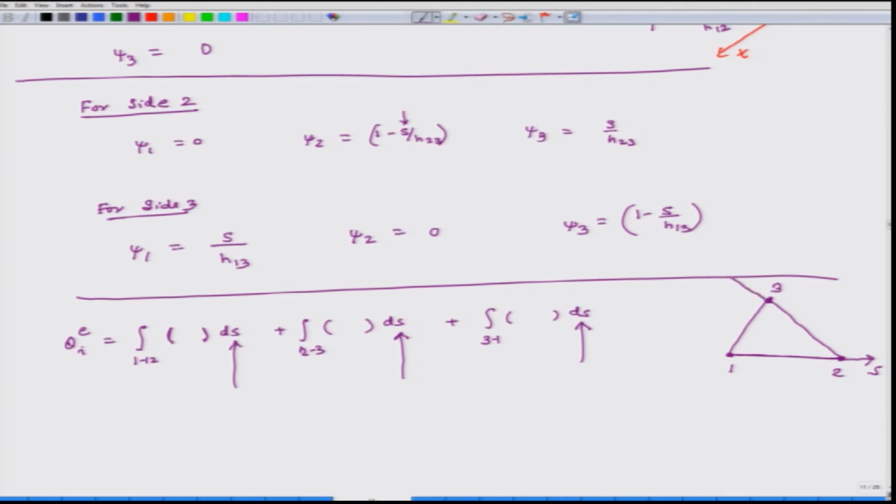This S has a different expression and this S has a different expression. Understood? So, even though these S's are the same symbol, in reality this uses the local coordinate system for side 1. Here the local coordinate system uses what as the S axis, side 2, and here it uses side 3.